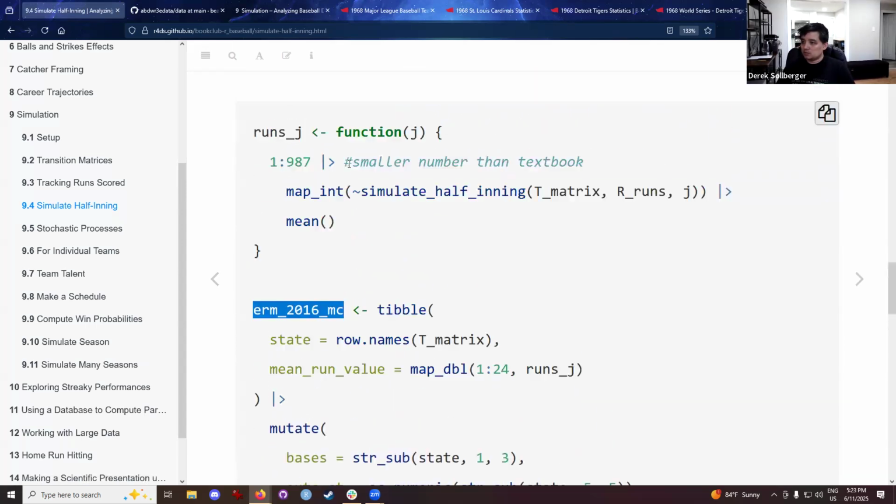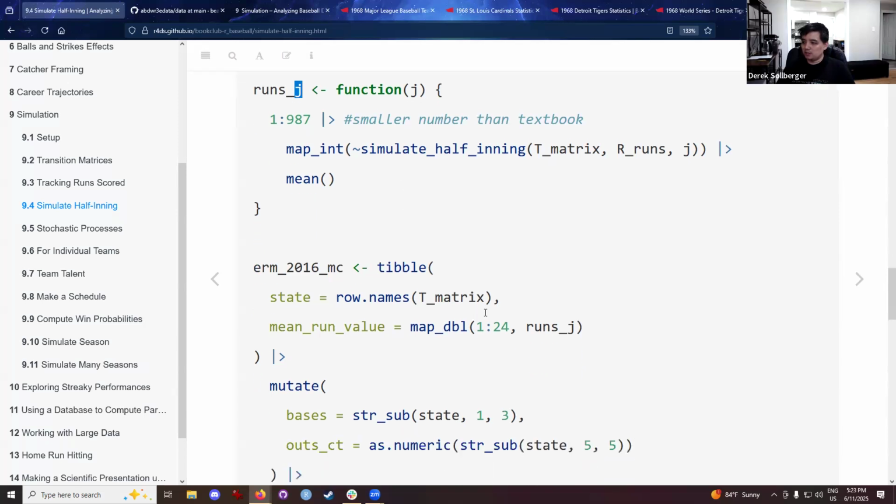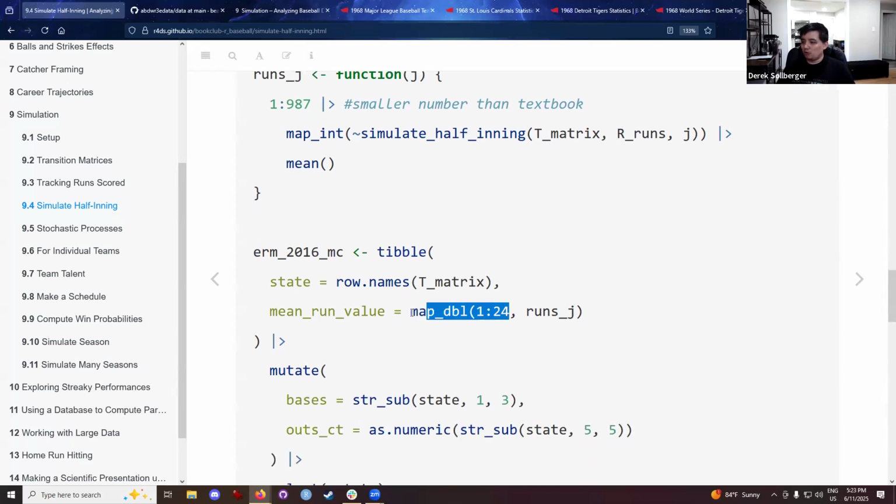We're taking this new function, runs scored from a state number J, applying that to all 24 possible base-out states. It computed the mean up here, so we're storing this as mean run values.